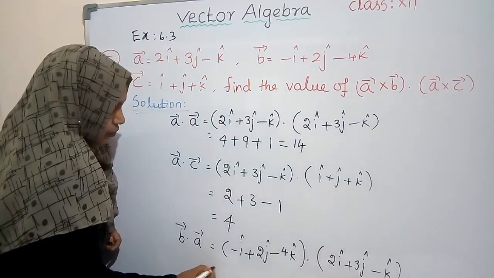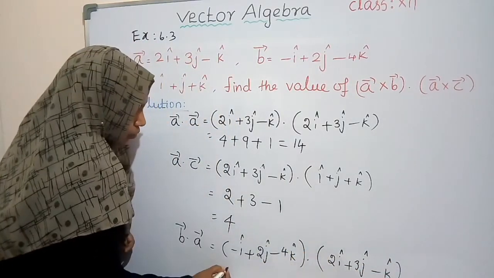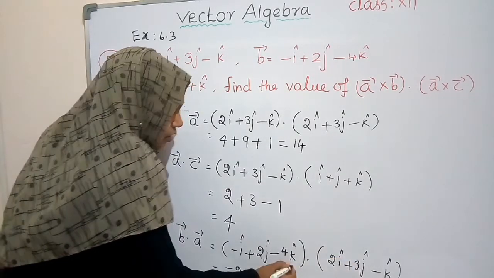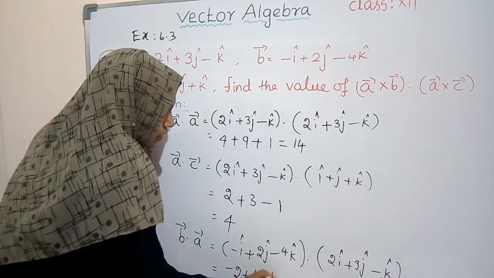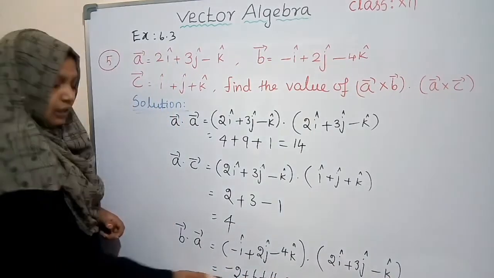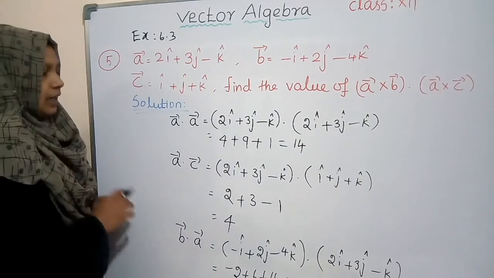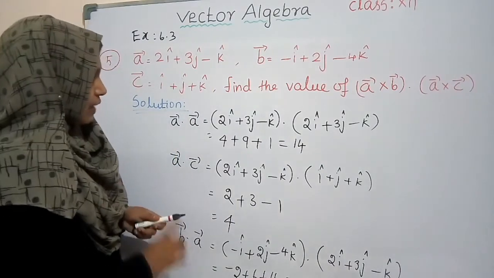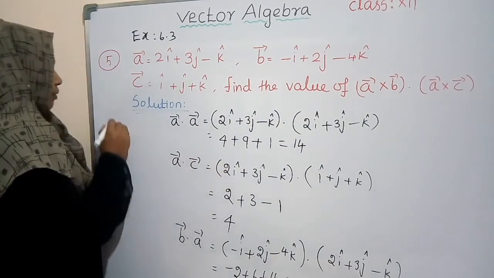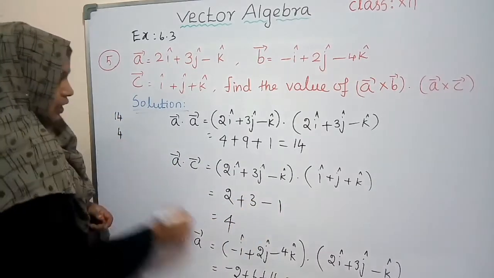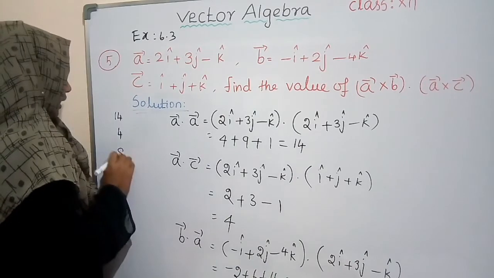So just find the dot product. Minus 1 into 2, minus 2, again 2 into 3, plus 6, minus 4 into minus 1 is plus 4. So we are getting 6 plus 4, 10, 10 minus 2 is 8. After finding these values, the first value we are getting, I am writing here, 14. After that we are getting 4. Then the third value we got is 8.